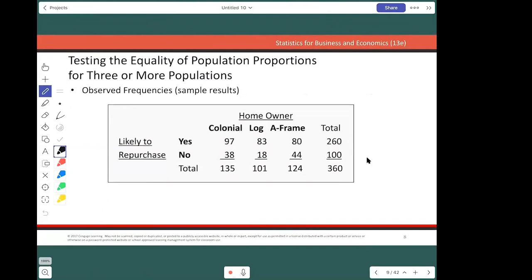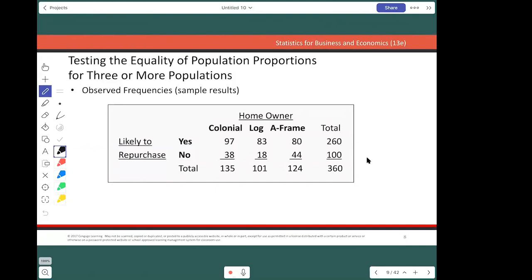The question that we're asking is, are people equally likely to repurchase these homes? In other words, the likelihood of repurchasing a colonial home is the same as the likelihood of repurchasing a log home versus an A-frame home. We're asking, are those proportions the same? So likely to repurchase, yes or no.